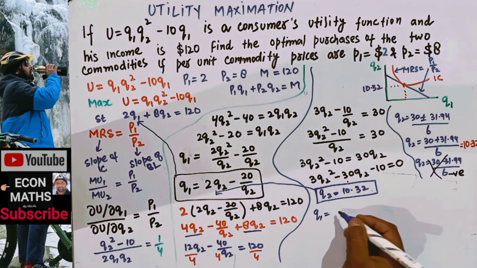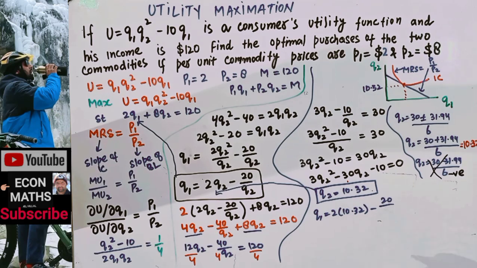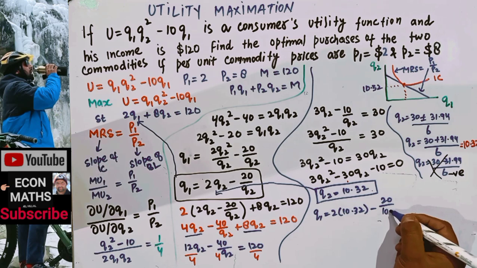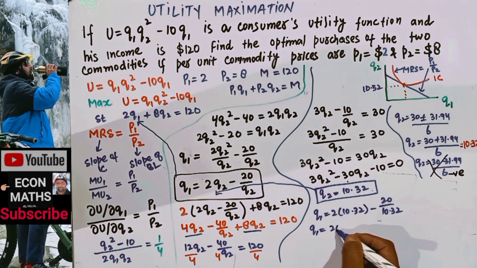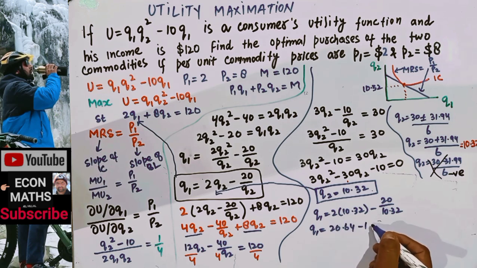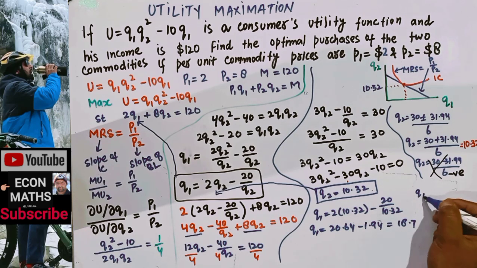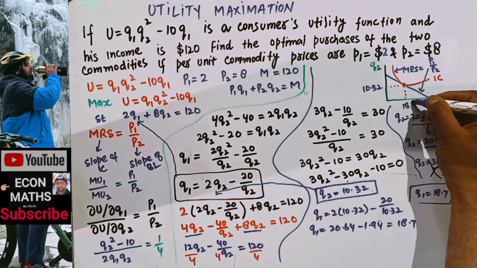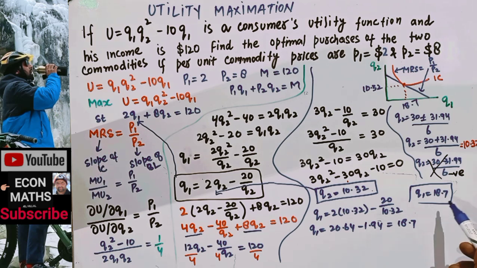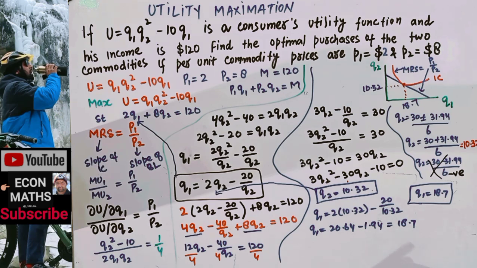So our q1 will be equal to 2 times 10.32 minus 20 divided by again 10.32. Solving this out, q1 will be equal to 20.64 minus 1.94, which comes out to be 18.7. That means q1 will be equal to 18.7. So the consumer will consume 18.7 units of good 1 and 10.32 units of good 2 to optimize his utility.